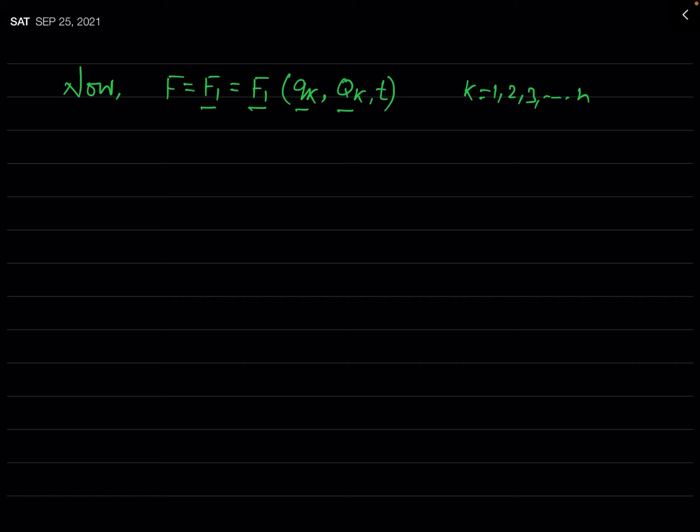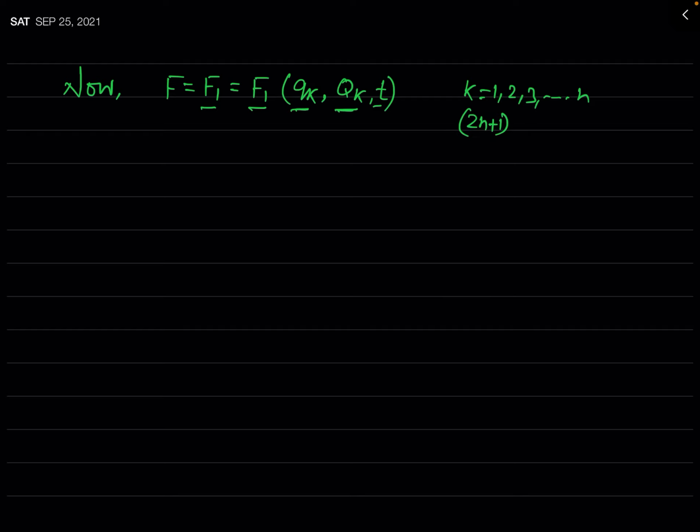Why 2n plus 1? Because the number of small qk will be n, and the number of capital Qk will also be n. So there are a total of 2n values of small qk and capital Qk, and one value for time t. So as a whole there are 2n plus 1 independent variables.